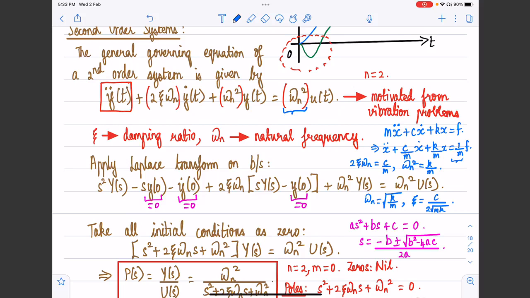The last information about the parameter multiplying u, you will understand better when we do the unit step response and associated forces. Okay, so I hope this is clear. Yes, sir. Thank you.